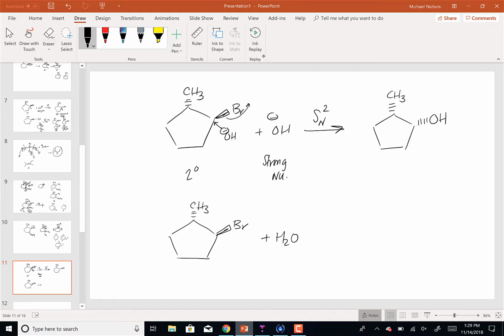Next problem is with water. Okay, so if I change the solvent from OH minus to water, what happens?